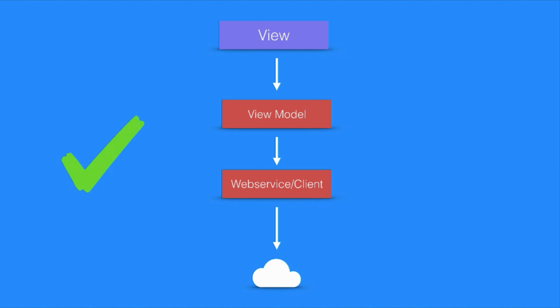This is the correct approach when you're using the MVVM design pattern along with fetching and performing network calls. Now, keep in mind that we are not performing network calls right inside the view model. The view model is asking the web service or the client layer to make those calls.